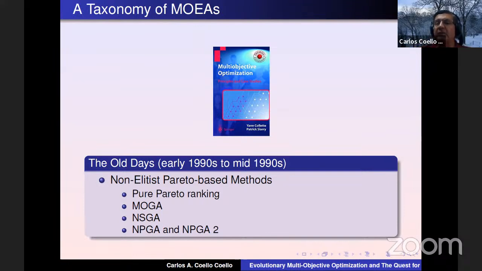All these algorithms were derived from an idea, which is a sketch, because there is no real algorithm, just a discussion, in the famous book from David Goldberg on genetic algorithms that was published in 1989.